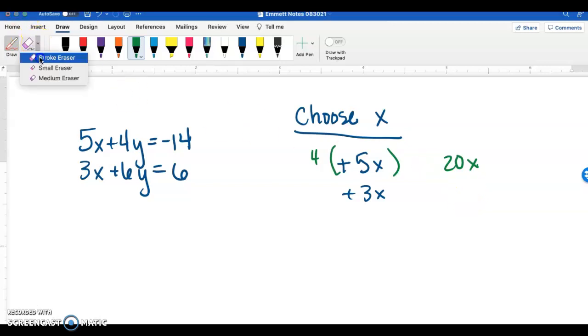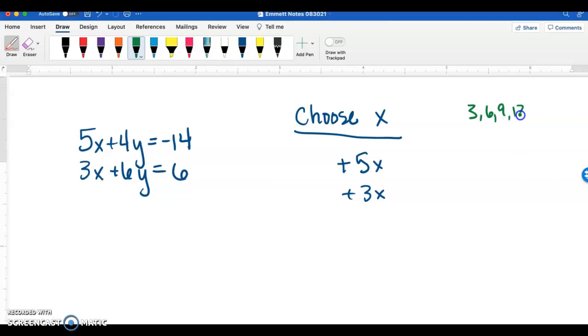So we want to think of something that both 5 and 3 go into. You could make a list of multiples: 3, 6, 9, 12, 15, and 18. And then 5 would be 5, 10, and 15. Then you see that their least common multiple is the number that you want to get to. So if I multiply the top by 3, I will get a positive 15x.